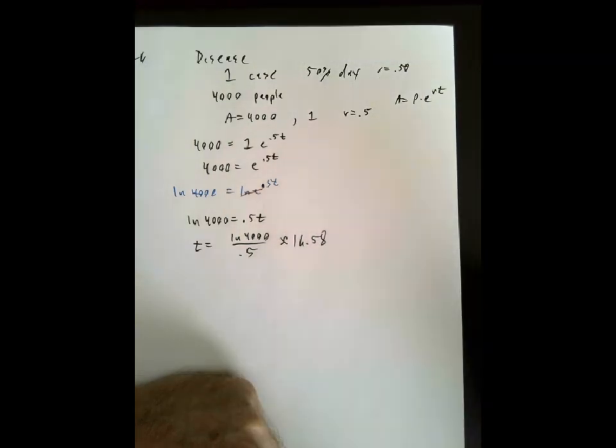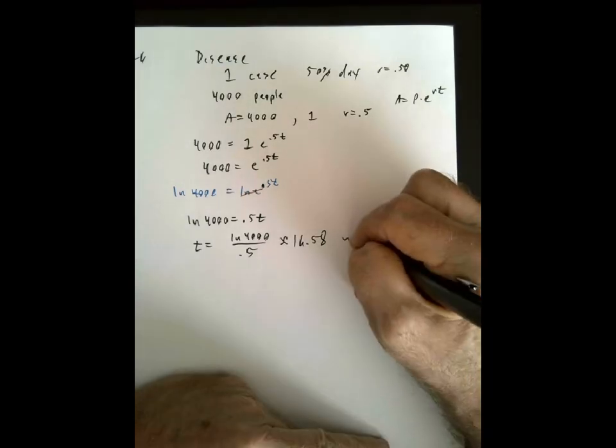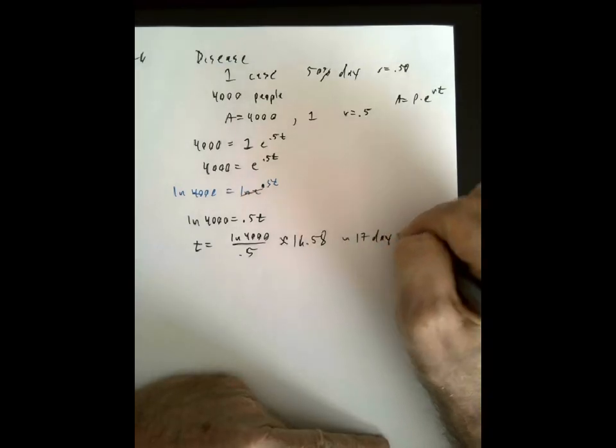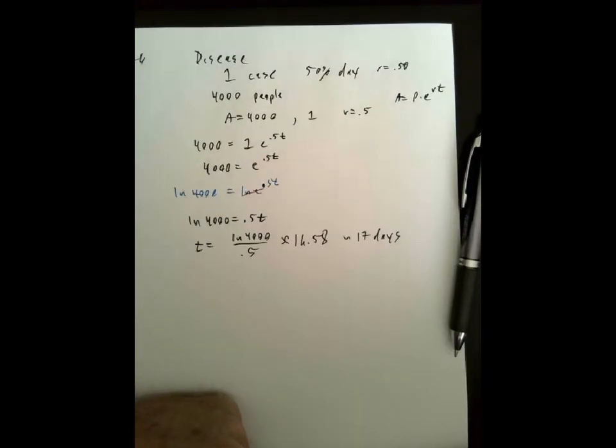Since days don't come in whole units, we could, I suppose, leave that as a decimal, but as you can see, that's going to be about 17 days to go from one case to 4,000 if the growth rate stays at 50% per day, which it is in some places right now.